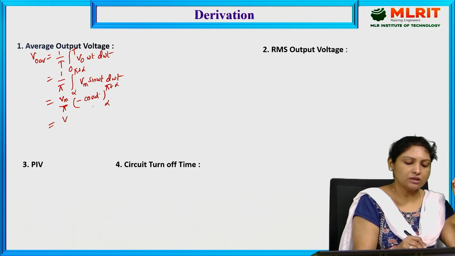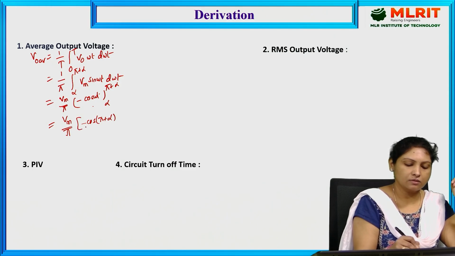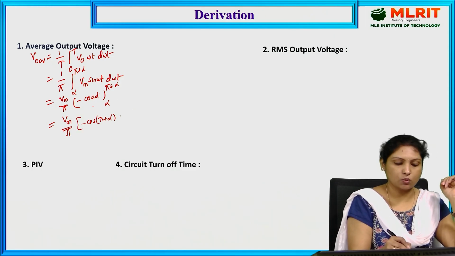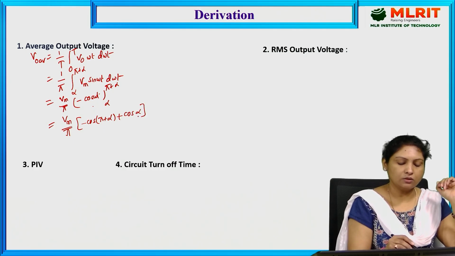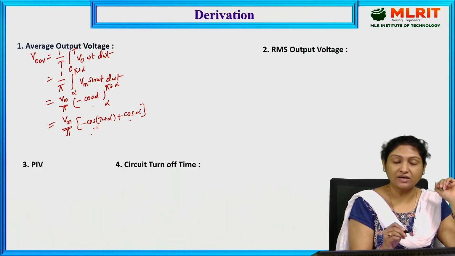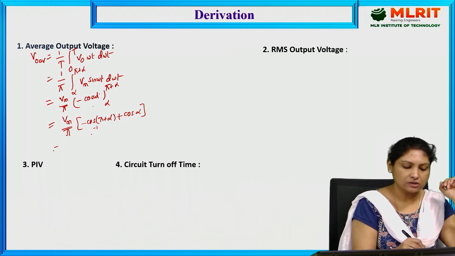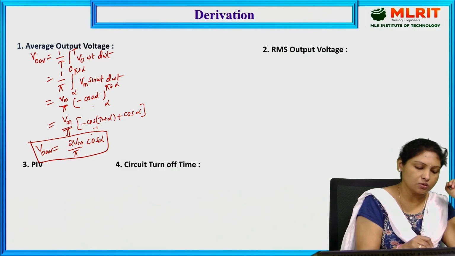If you substitute the limits, Vm by pi, minus cos of pi plus alpha, upper limit minus lower limit, minus of minus we get plus cos alpha, and here cos pi value is minus 1, so minus of minus gives plus 1, we get cos alpha plus cos alpha, that is 2 cos alpha. In that case we get 2 Vm by pi cos alpha. This is the V0 average expression for the single phase fully controlled converter.